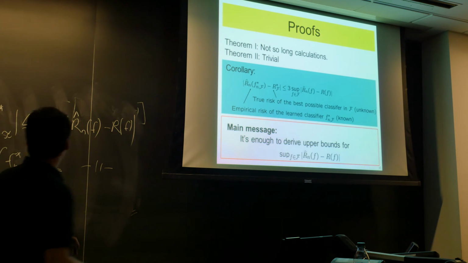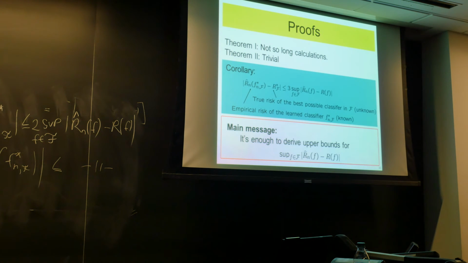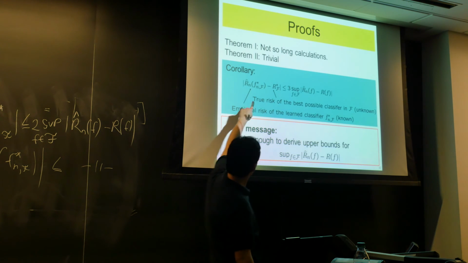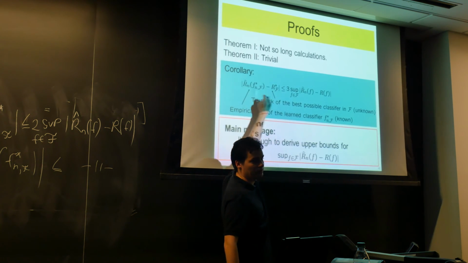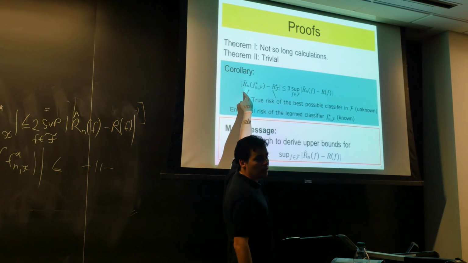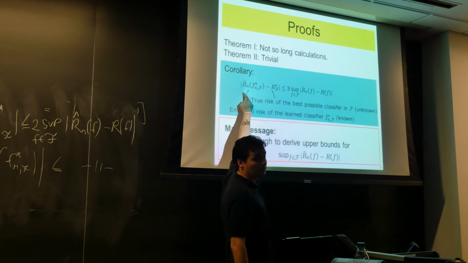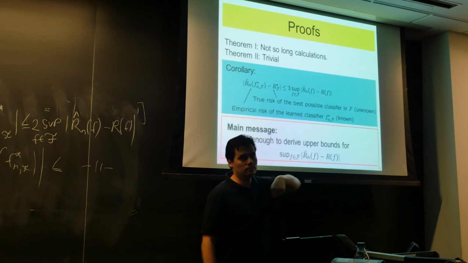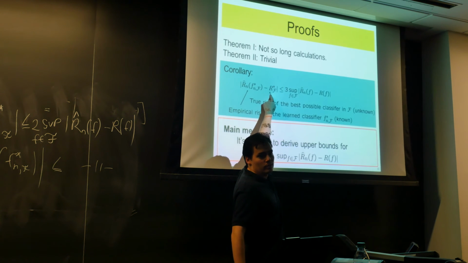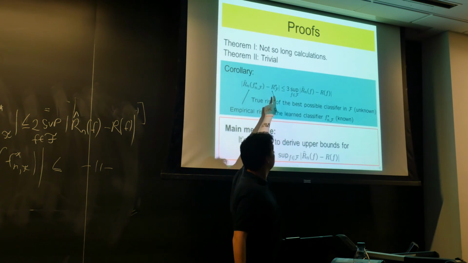Okay, and the corollary, if you put this together with the triangle inequality, then you can say that my algorithm produces f star n f, the empirical risk minimizer algorithm. I can calculate its empirical risk. This would be the best possible risk achievable in this function class f. I cannot calculate this.